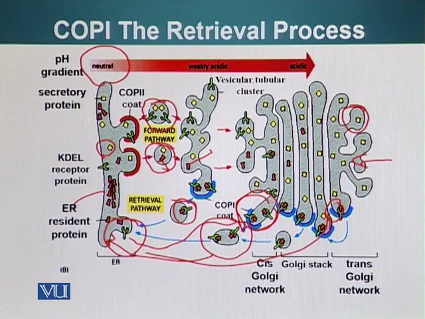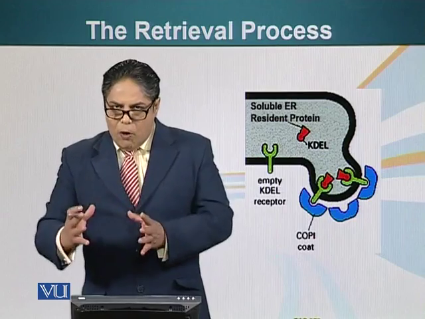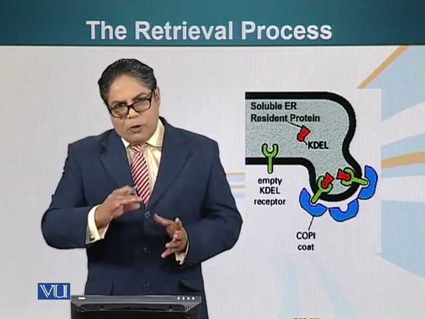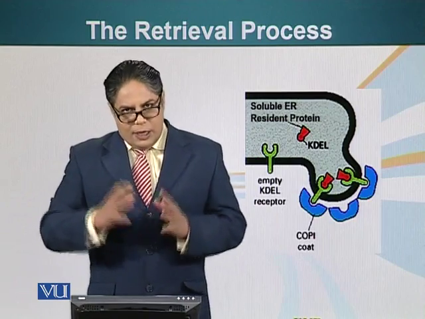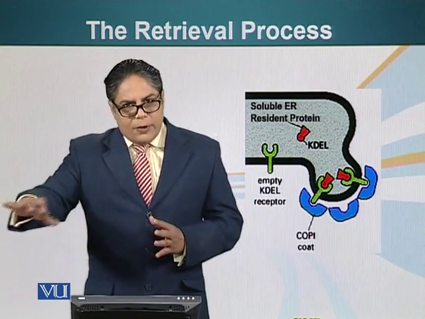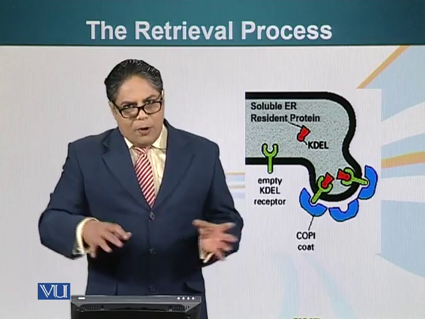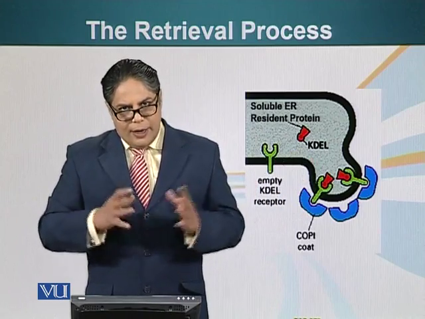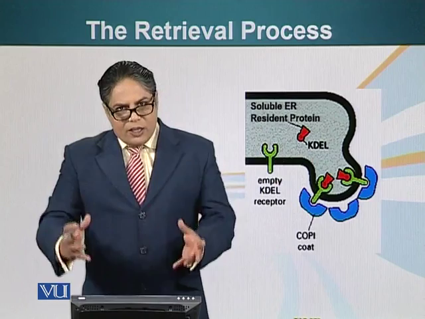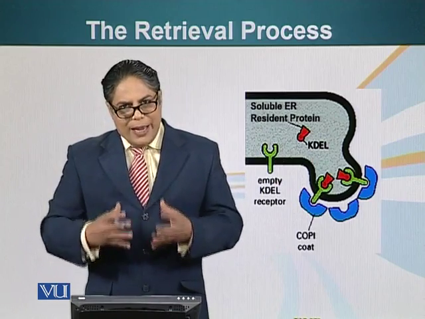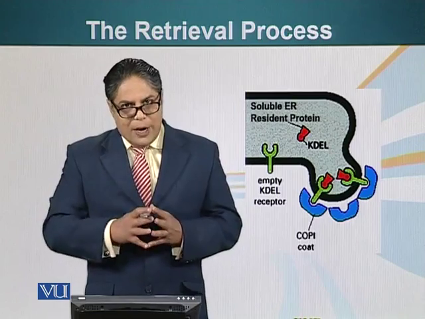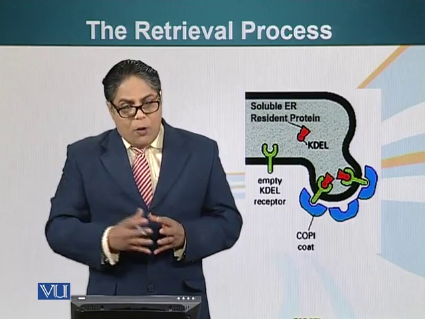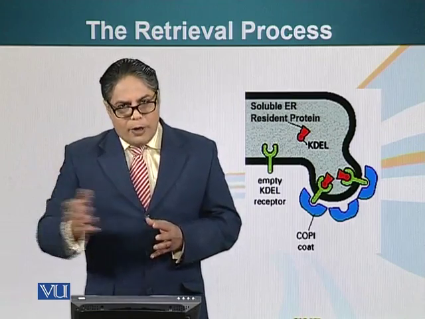So once the vesicular tubular cluster has formed, the protein retrieval process starts and it continues all the way to the trans Golgi stack. The ER resident proteins keep on being sent to the endoplasmic reticulum, and the Golgi apparatus keeps on becoming enriched with specific proteins which are for use in the Golgi apparatus, or which have to be secreted, or have to go on to an onward destination.